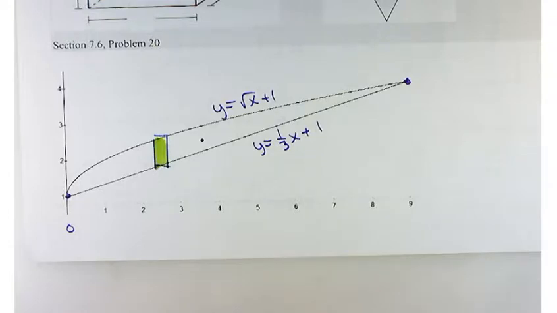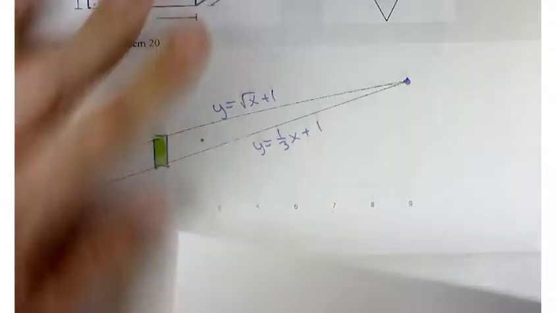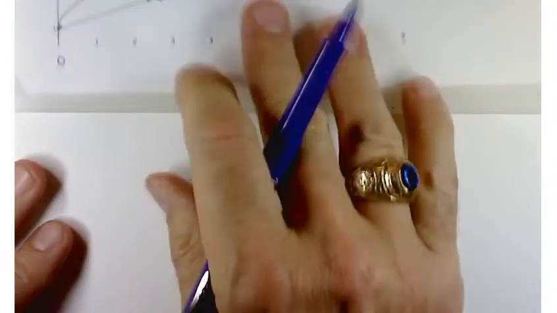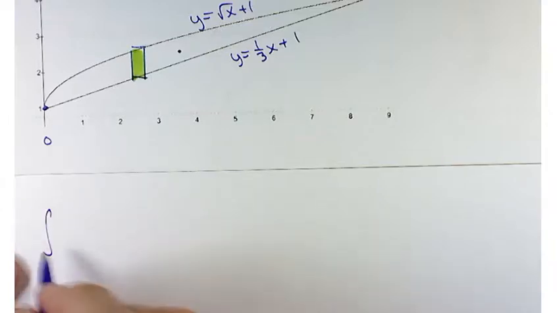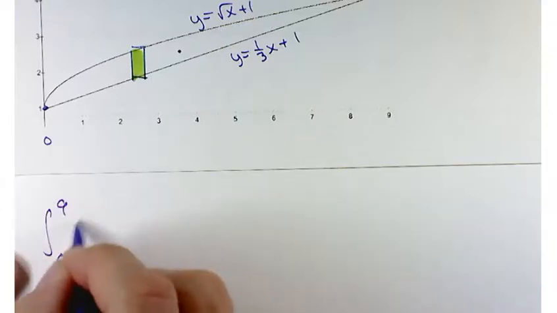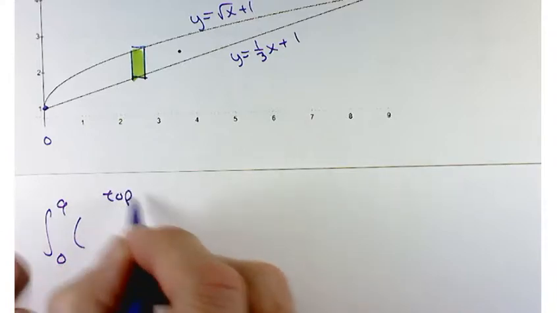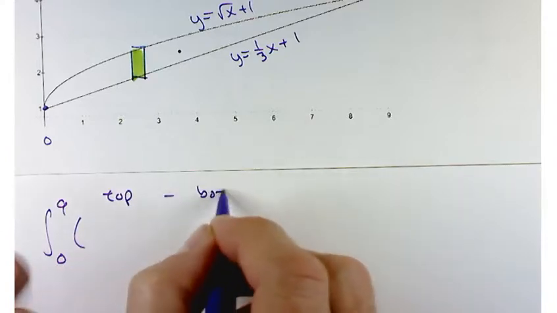Okay, our first goal then is to find the area between these two curves. So this is a good review from section 7.1. We're going to integrate from 0 to 9, top minus bottom.